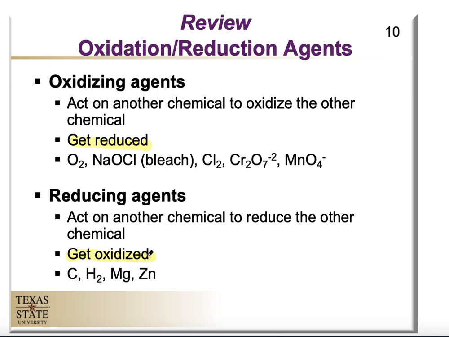In those redox reactions, we're going to see what atoms are gaining electrons and what atoms are losing electrons as they go from reactants to products. Those that lost electrons got oxidized, which means that they are the reducing agents, and those that gained electrons got reduced, and those are going to be the oxidizing agents.